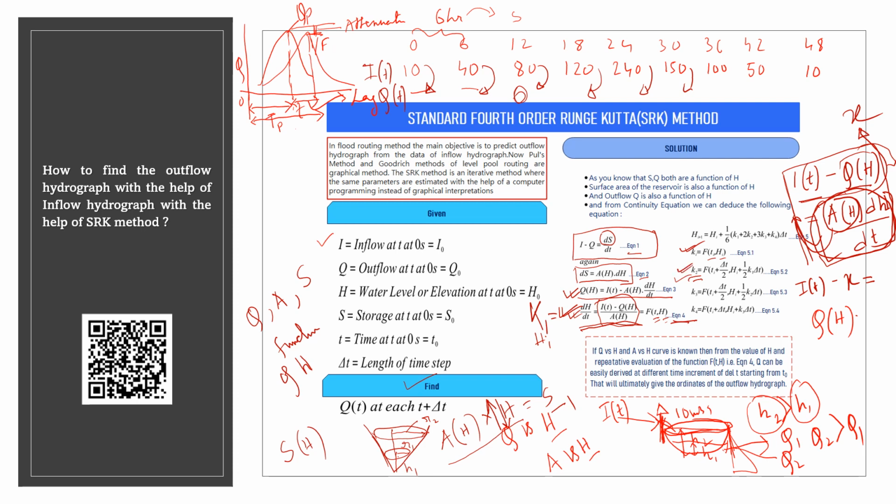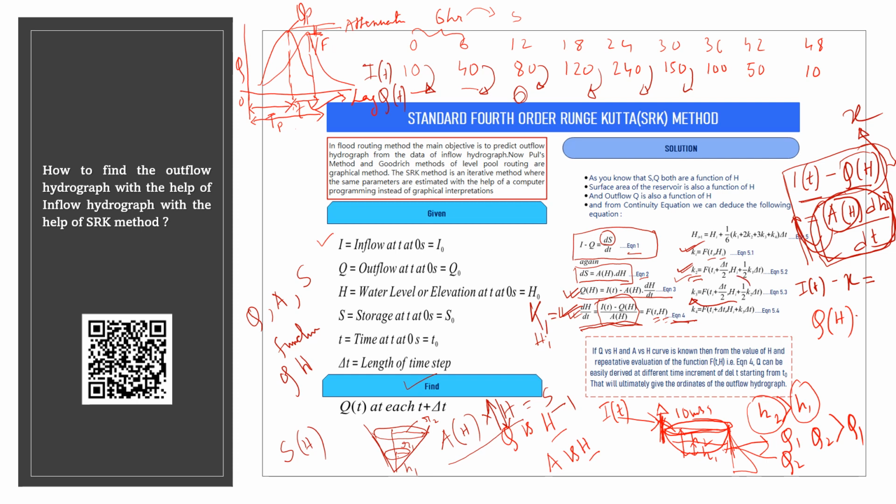And similarly, k4 will be the same equation 4, but instead of depending upon t and H, the dependent functions I, Q and A, or inflow, outflow and surface area, are now a function of ti plus del t. ti means the t at current iteration, and Hi plus k3 multiplied by del t. k3 means this one.